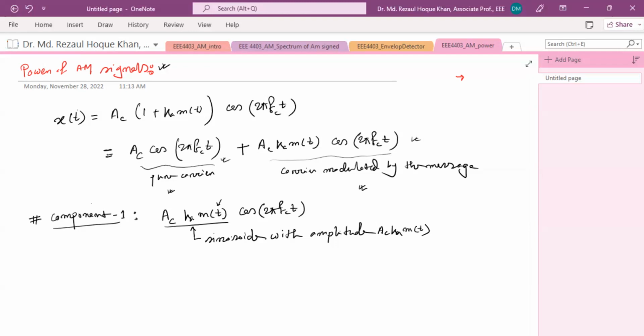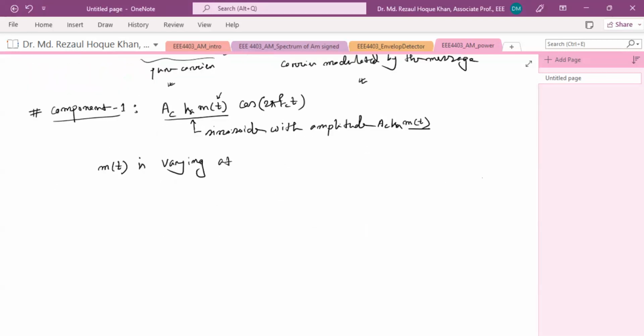The message signal m(t) varies at a much slower rate than the carrier cos 2 pi fc t, because we know that fc is much greater than fm.